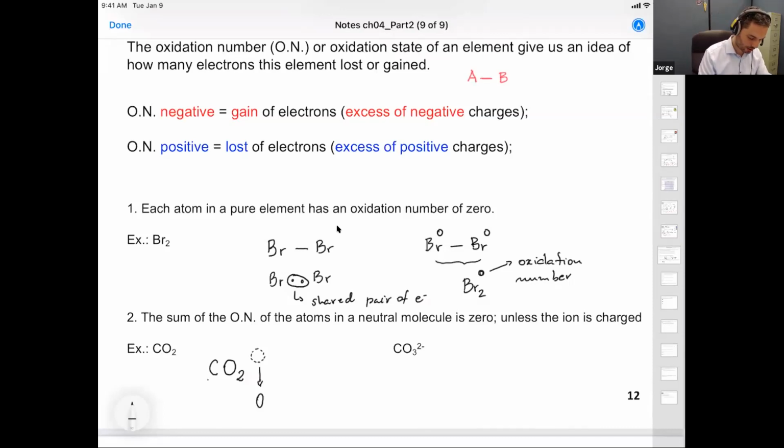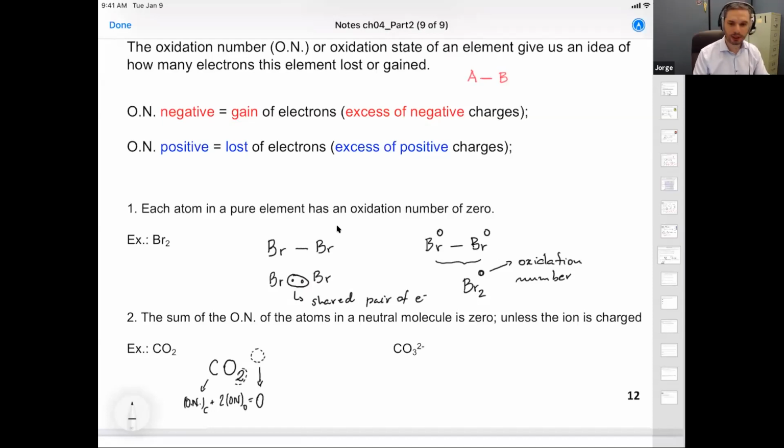Therefore, if we sum the oxidation number for the carbon plus 2 times the oxidation number for the oxygen, this has to be 0. So that means someone lost electrons, and those electrons that are lost are going to someone else.